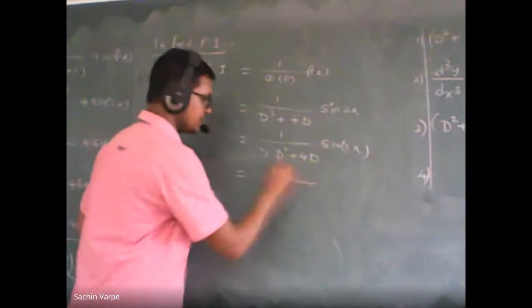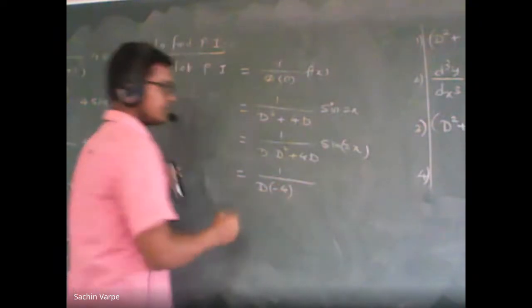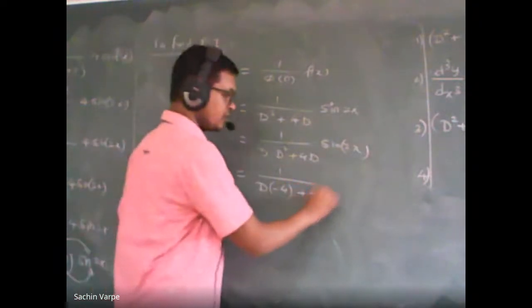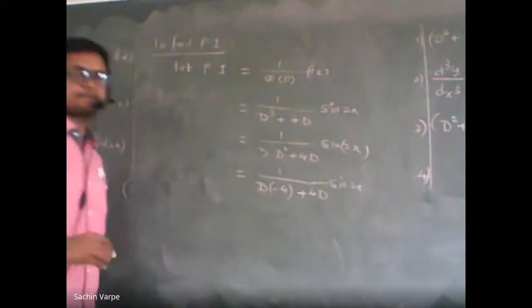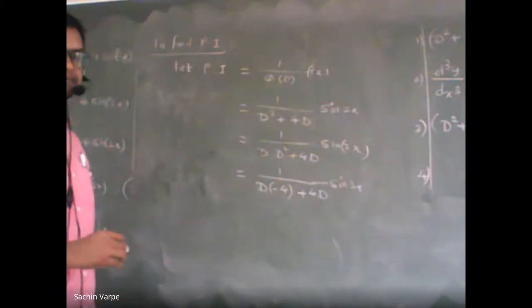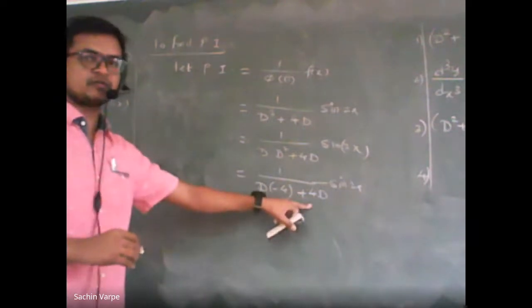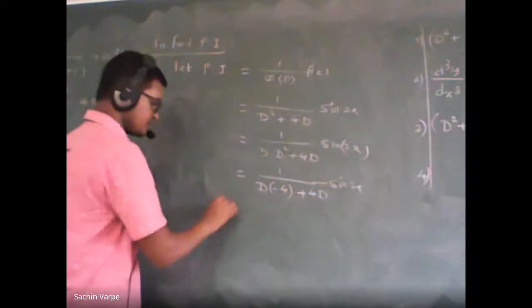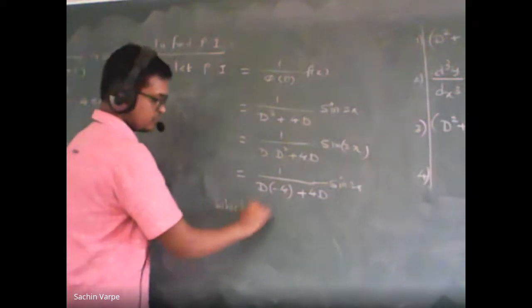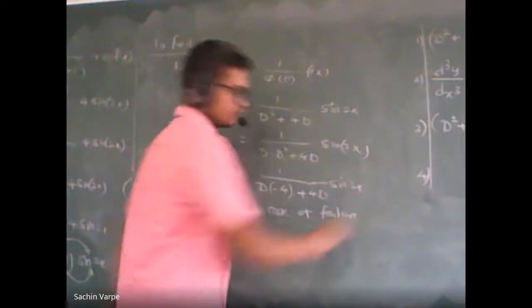I'm replacing D square by minus 4, minus of a square, plus 4D sine of 2x, and then minus 4D plus 4D, we are getting 0. So that is called the case of failure.